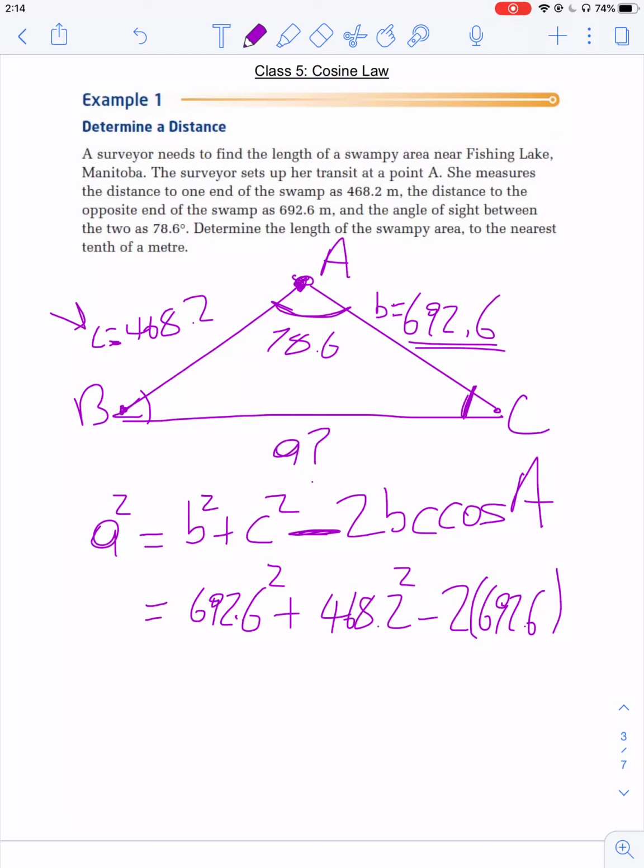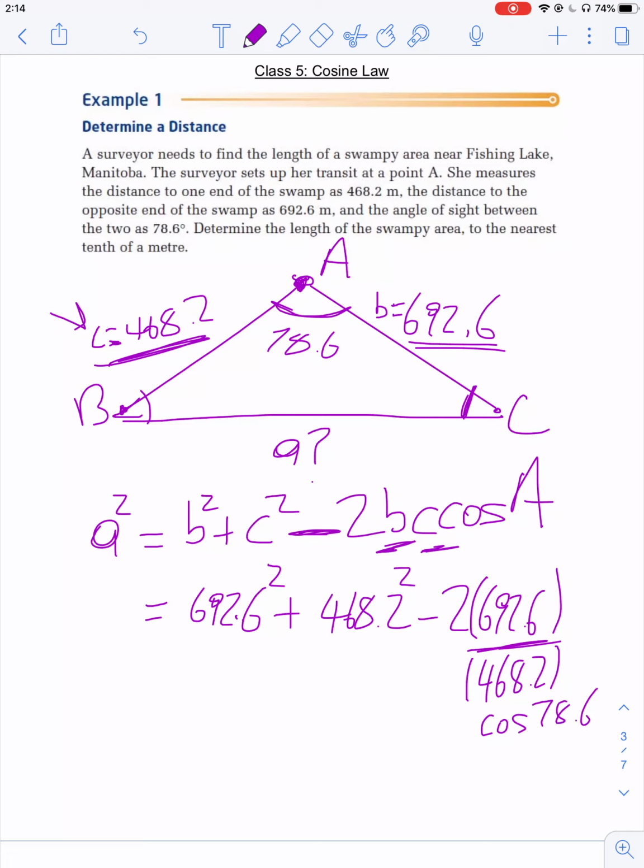This is B, and now I have to figure out what C is, and it's given to me. So times 468.2, and then times cos of A, so cos of 78.6.